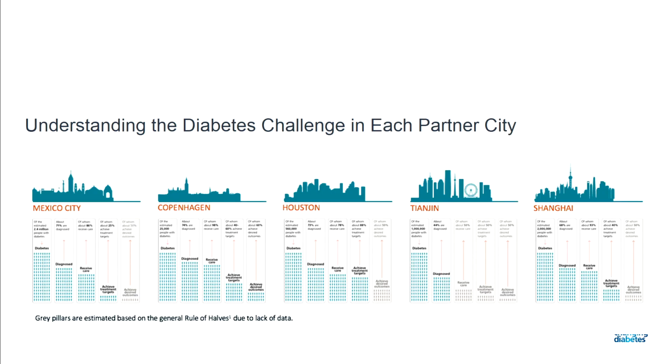So in Cities Changing Diabetes, what we've done is we started by doing these so-called rule of halves analyses in our cities, and you'll see some of the places that aren't marked in green are areas where we have only a limited amount of data. So what this at least allows us to do is to try to develop some kind of a baseline to figure out where the gaps are, where we know things, where we don't know things, and then to try to see what we might learn comparatively across our sister cities.